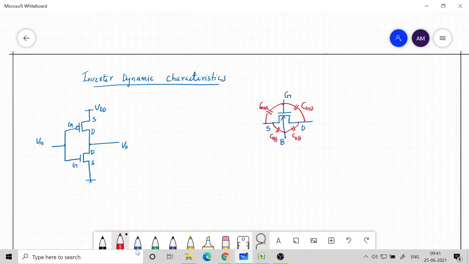So let's do that. I'm going to redraw this circuit. This is the NMOS transistor. This is our gate, this is our source, and this is our drain. I'm going to combine all the capacitors which are connected to the drain terminal, and approximate them using one capacitor.